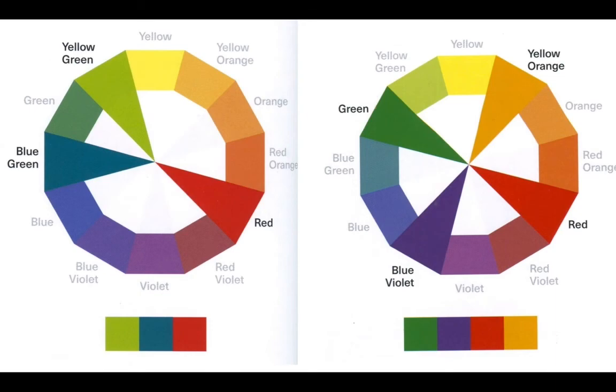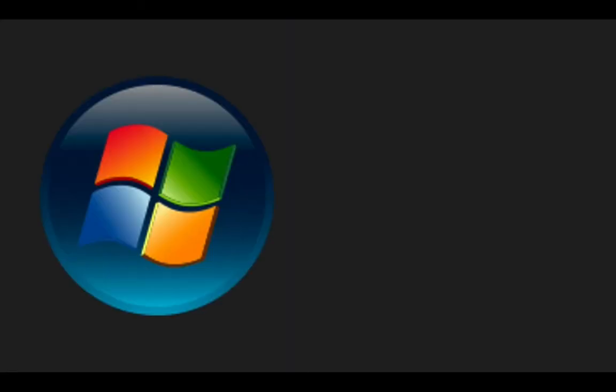So again, on the left, we have split complementary. We take a color and its complement, but instead of using the color's complement, we use what's on either side. It gives us a little more diversity in our color choices, more variety. Then we have on the right the square color mode, two sets of complements that are equidistant.